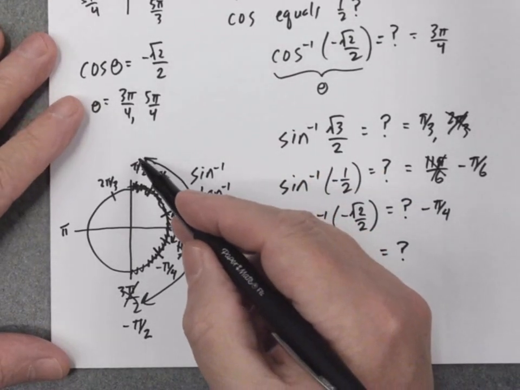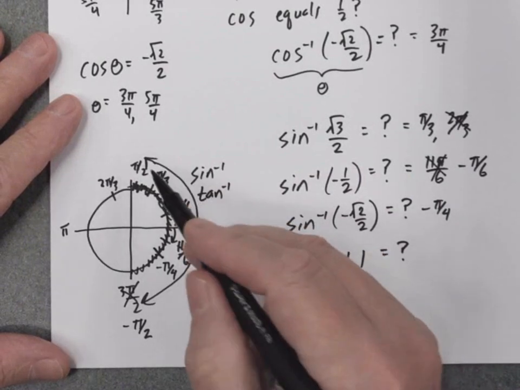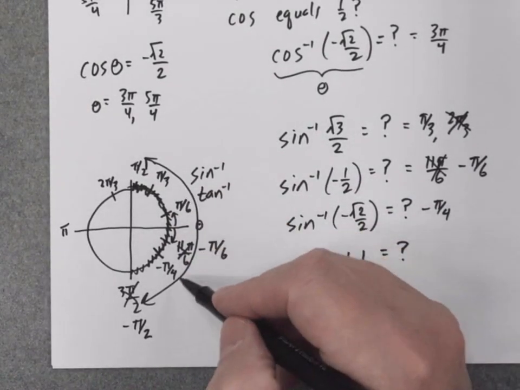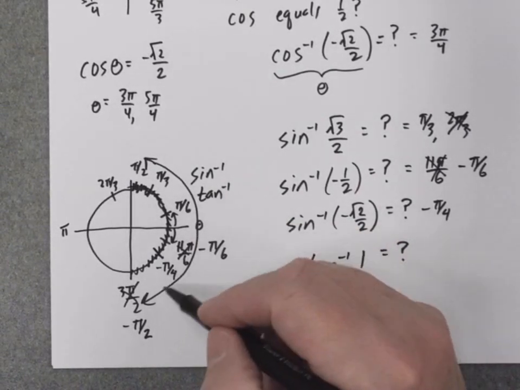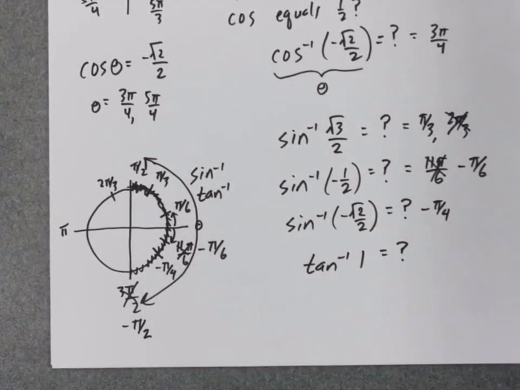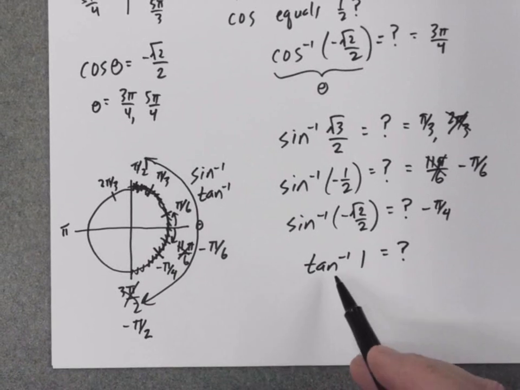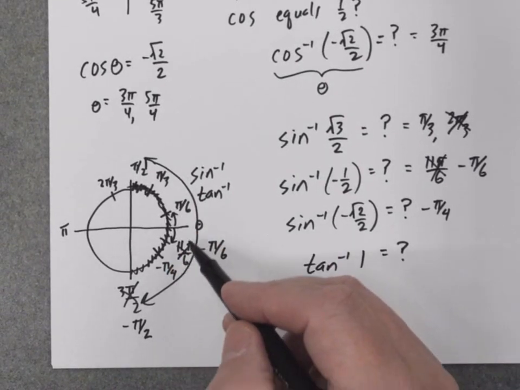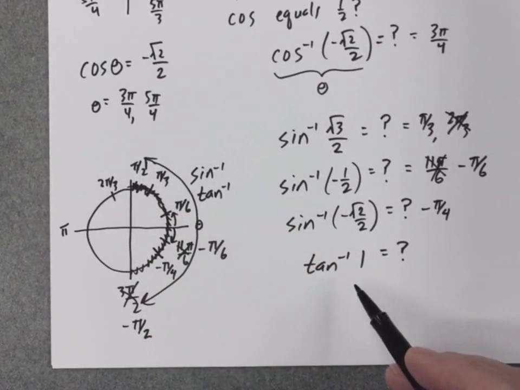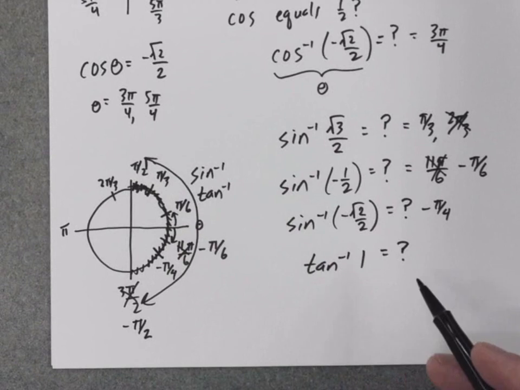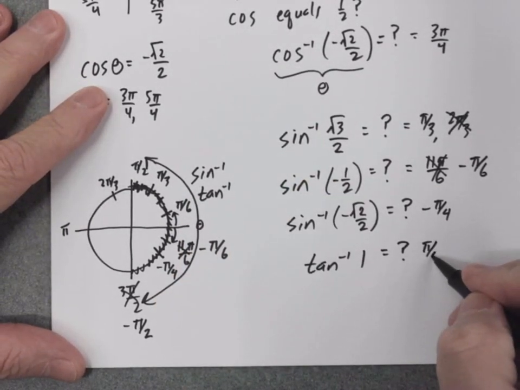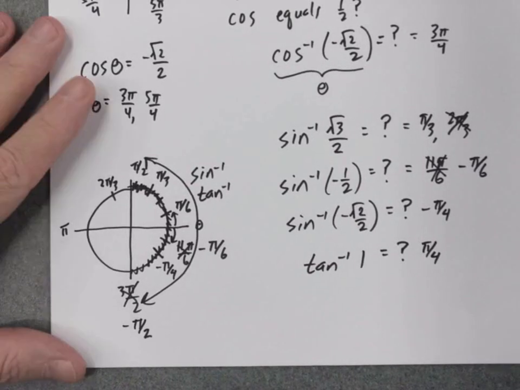So the angles for inverse tangents also have to come from the right half of the unit circle, and in this fourth quadrant, the angles become negative. So for inverse tangent of 1, we think, what's the angle over here where the tangent is 1? Well, that's going to happen when we have square root of 2 over square root of 2, and a positive 1. That's going to be pi over 4.